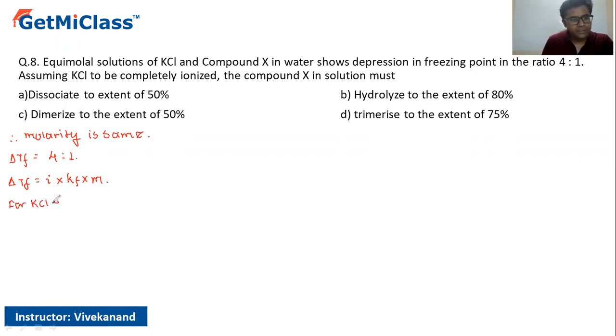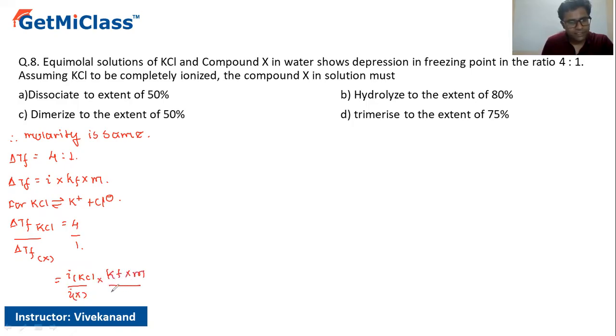For KCl, it undergoes dissociation to form K+ and Cl-. So the i value for this entire scenario is going to be in the form of the ratio that we already have: ΔTf for KCl is 4 times, divided by ΔTf for compound X, which is 1. So it is i for KCl divided by i for compound X, into Kf into m.